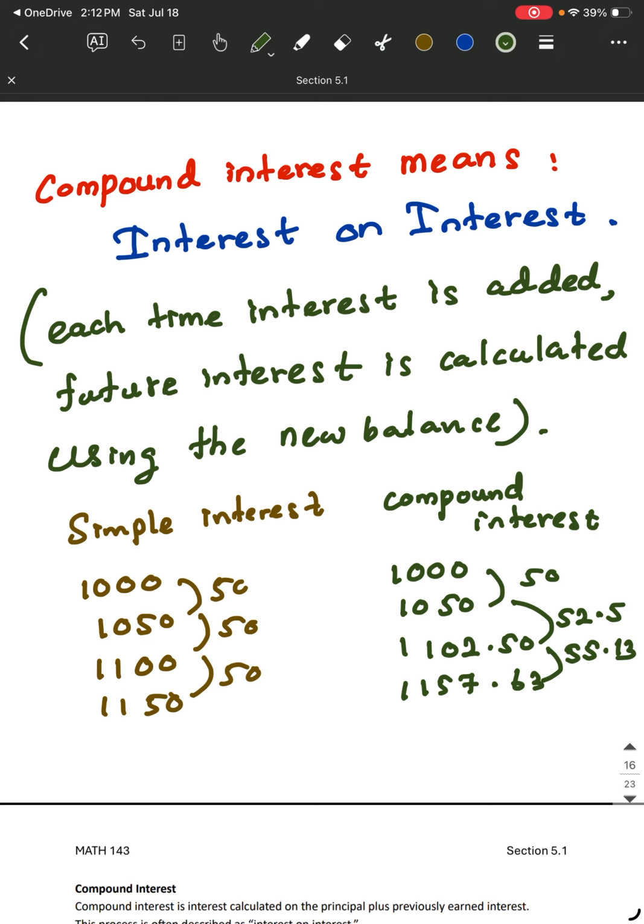Okay. Then let's see the compound interest formula and identify the terms.